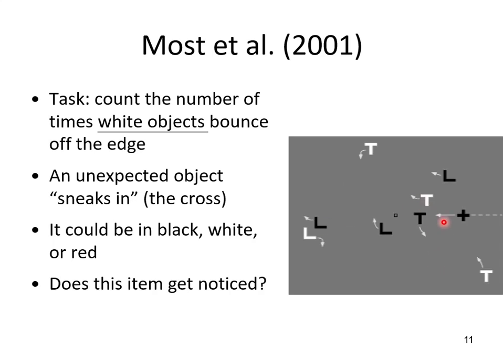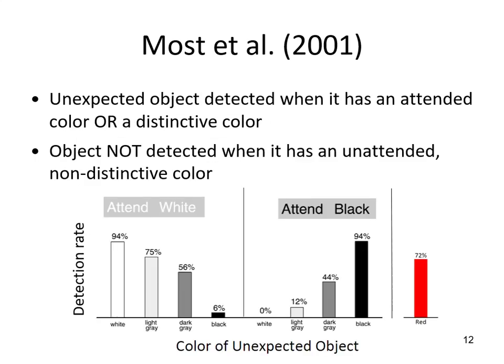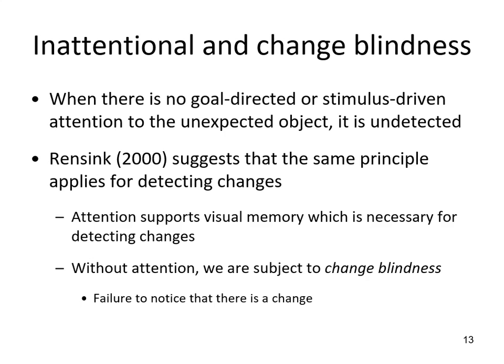Among all the other items, they are either black or white. You certainly notice a red one, which is very eye-catching. So this reflects bottom-up attention, right? Therefore, when there is no goal-directed or stimulus-driven attention to the unexpected object, it goes unnoticed.